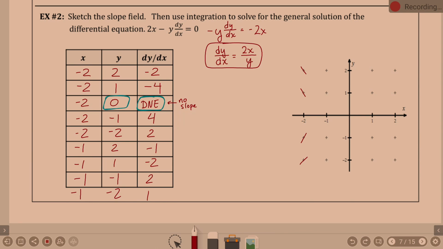Okay, well, let's plug these in. So -1, 2 has -1. Then we have a -2 slope. Where else did I have a -2 slope? Well, and then nothing. And then we have a +2 slope.